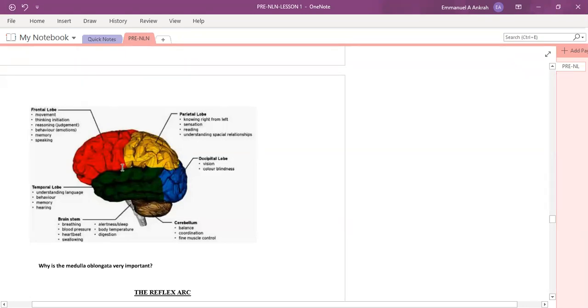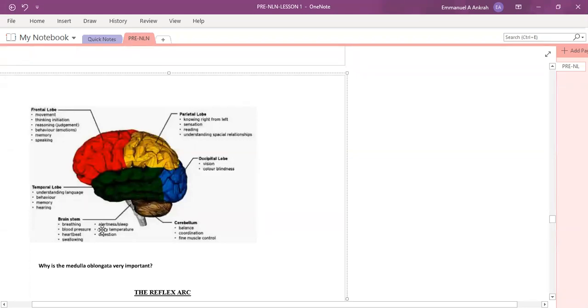The parietal part is more like sensation. When you touch something, you tell whether it's soft or hard. You know your left from right, sensation and reading. The occipital part is for vision. So if that is affected, vision is also affected. And the temporal part is mainly for hearing and understanding language, and also behavior and memory.